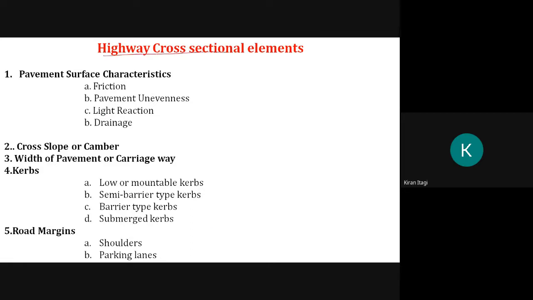Then highway cross-sectional elements. Other important things are the pavement surface characteristics. Usually your road will not be like this; the camber will actually be like this, but I'm representing it this way so that it is easier to understand.